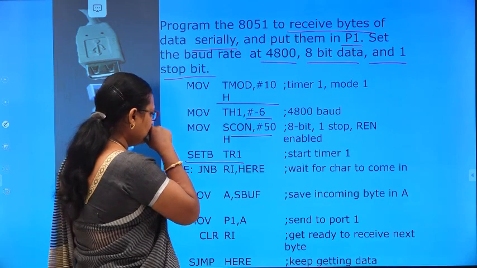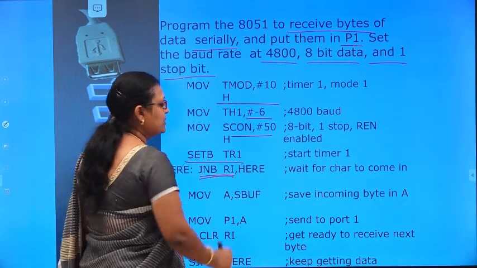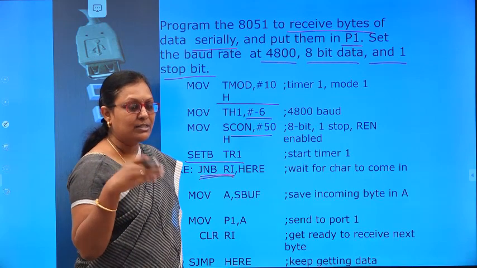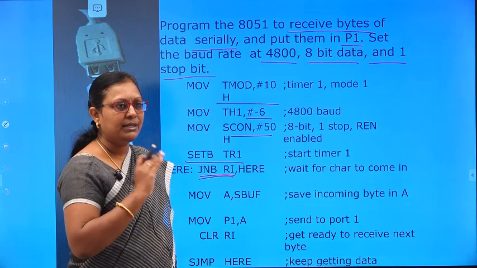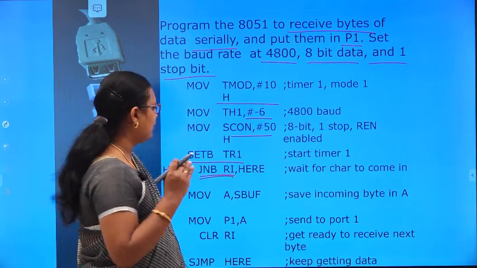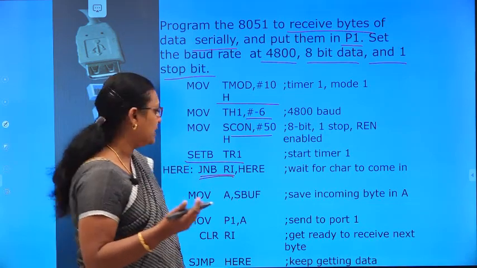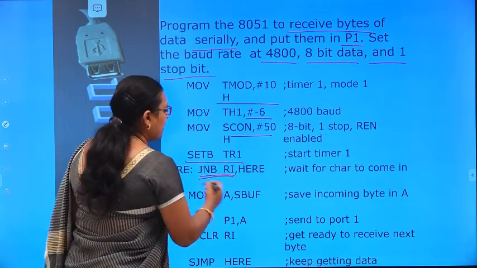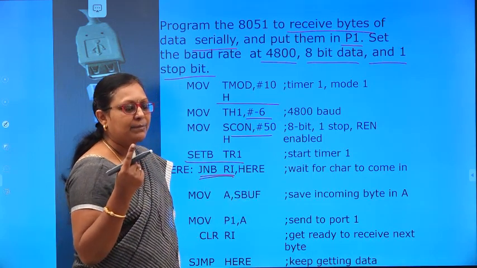Now you have to start checking the RI bit, that is the receive interrupt bit, because your transmission is completed. After that, where will the received data be stored?